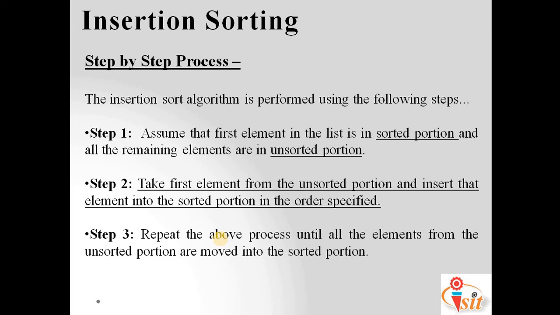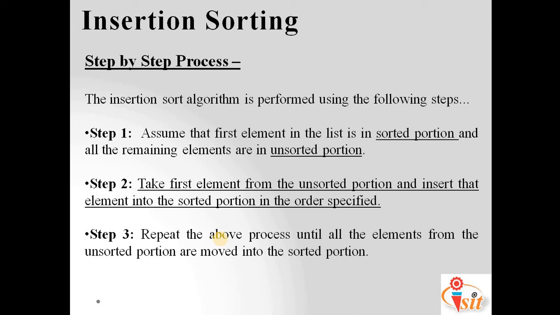So we'll check the step-by-step process of how the insertion sort algorithm is implemented. In the first step, we need to assume that the first element in the list is in the sorted portion and all the remaining elements are in the unsorted portion.